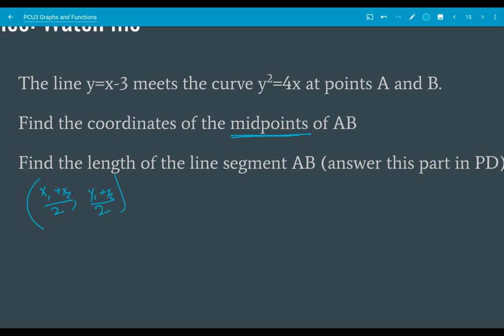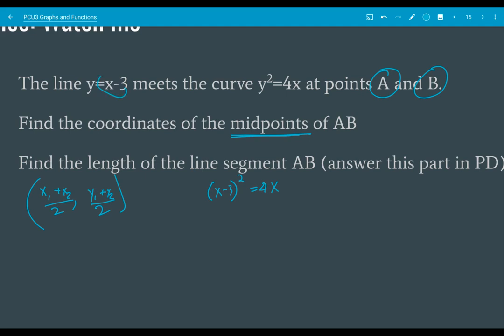In order to do that, we need x1 and y1. So we need to know what points A and B are. Well, A and B are where the curve and the line cross. So it's simply a matter of substitution. We can say that (x minus 3) squared is equal to 4x.